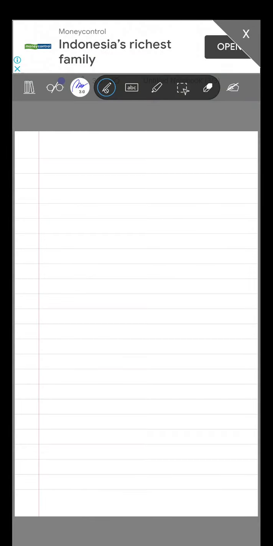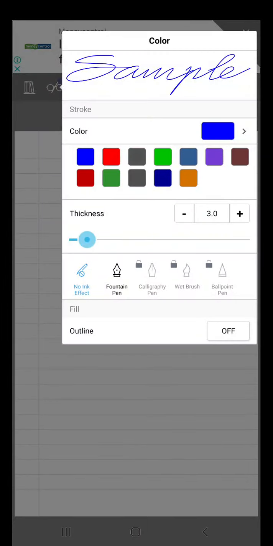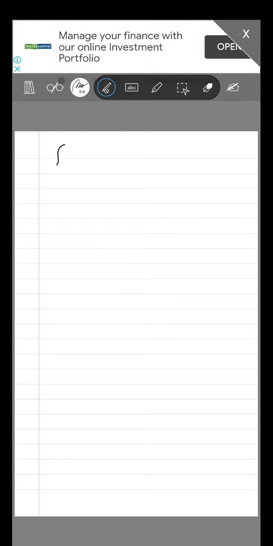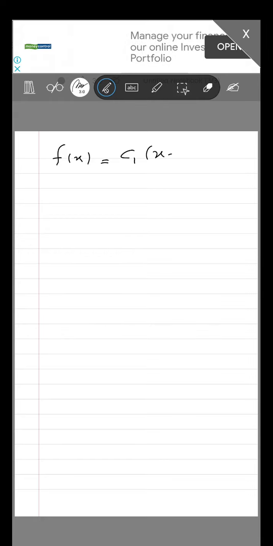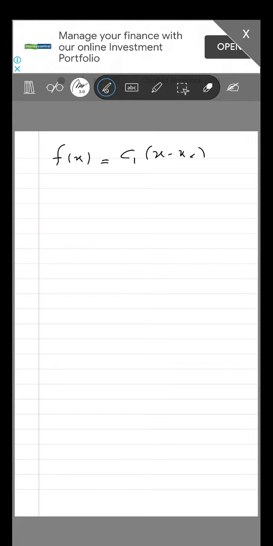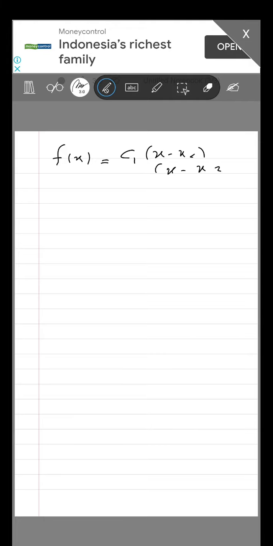We can write f(x) is equal to c1 (x minus x2) into (x minus x3). But this is actually not a third degree polynomial, but a polynomial represented in a different form.